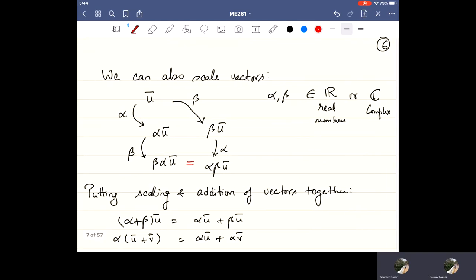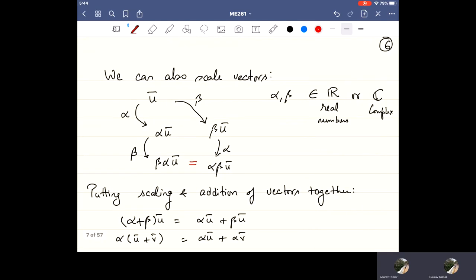Now we can add, we can subtract, but we can also scale the vectors, right? So you have a vector u, you have a scalar, some special quantity which we'll deal with in a bit. With this beta, it becomes a vector beta times u.